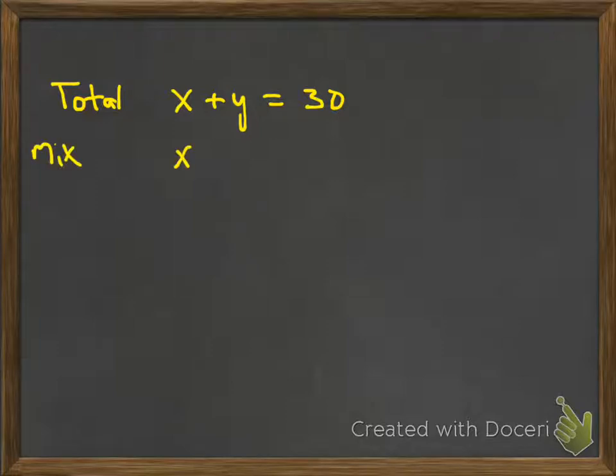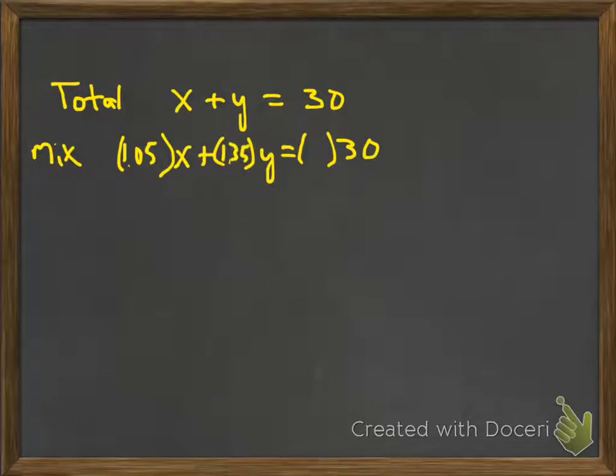Rewrite that equation for your mixed equation, but put spaces, and in those spaces you're going to put the numbers that should multiply. Well, what goes with the x? The x is $1.05 candy, so that should be $1.05. The y was $1.35, so put the $1.35. And the mixture, the 30 pounds, when you put them together, came out to $1.17 a pound.